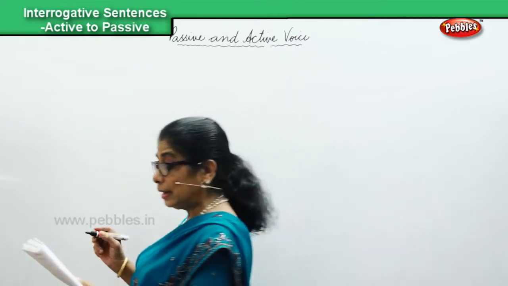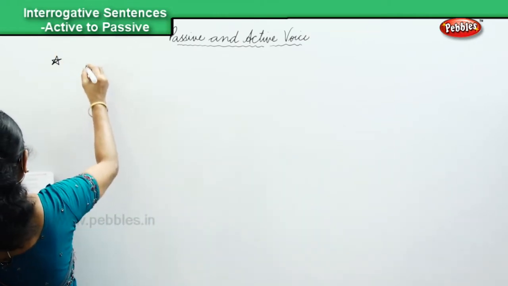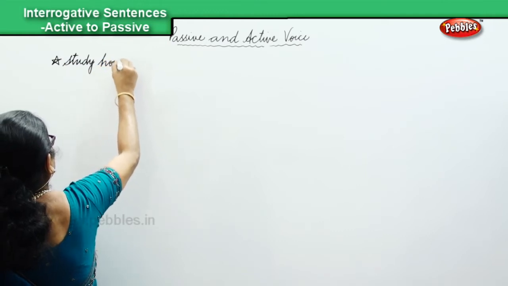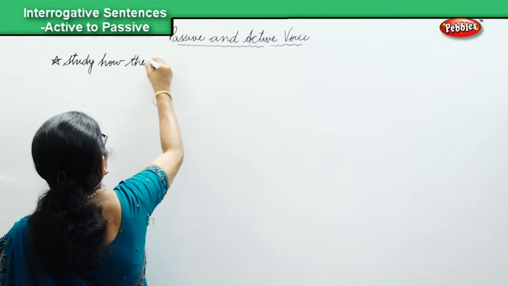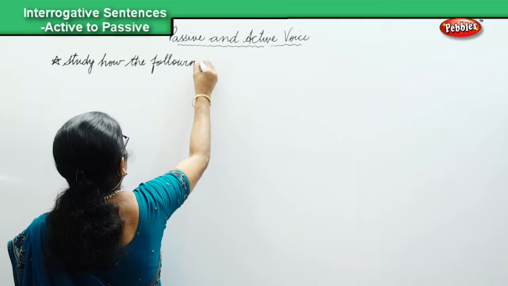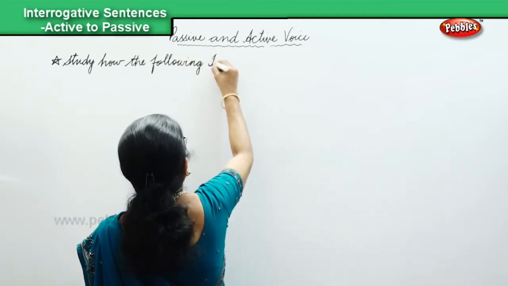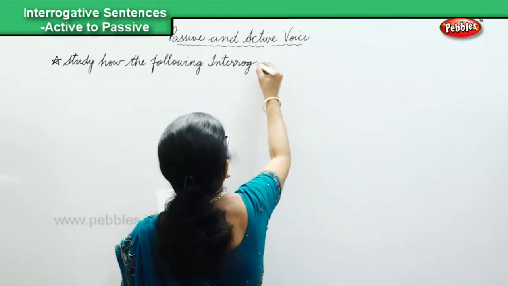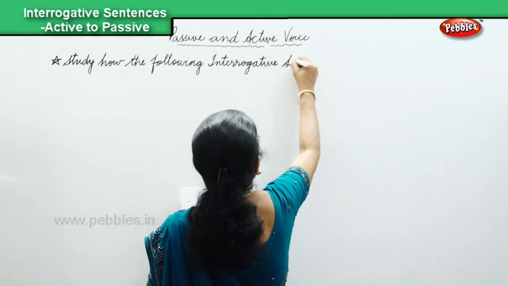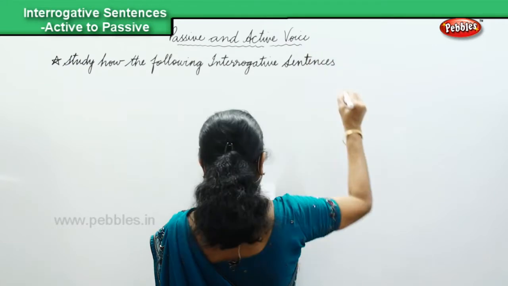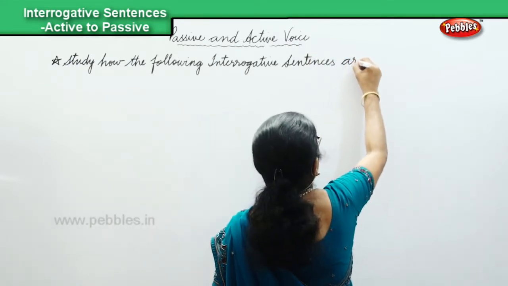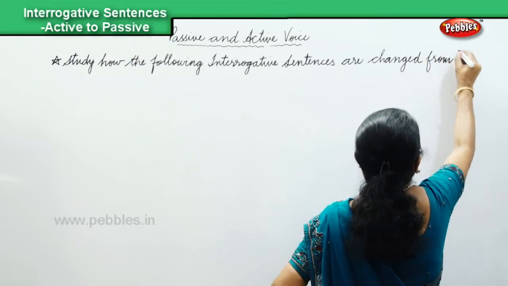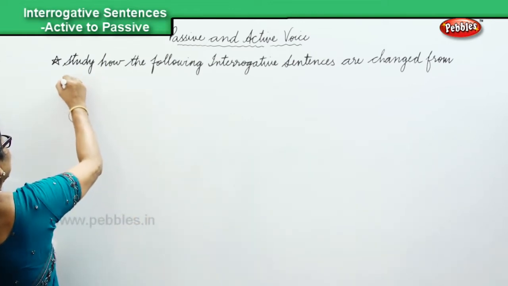So let's study how the following interrogative sentences are changed from the active to the passive voice.